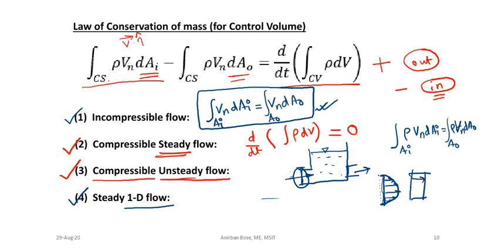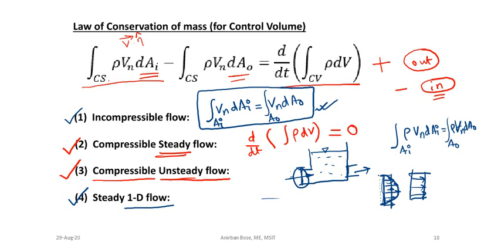So what we can do is replace this actual variation by some average value, and we can consider that average value as if uniform over the section. So this kind of assumption is called the 1D assumption. So the flow inlet and the outlet can be 1D. Okay, so one dimensional flow means one dimensional inlet and one dimensional outlet.